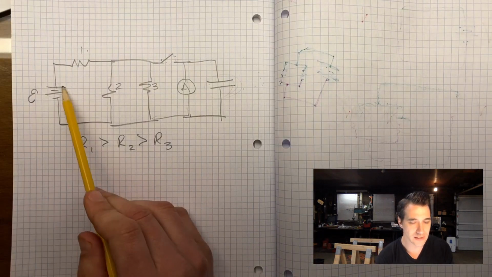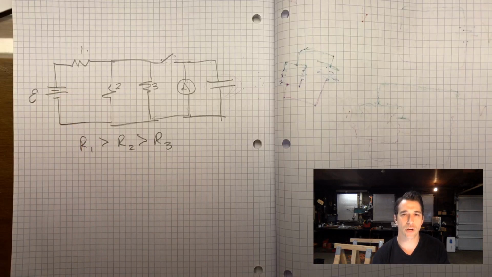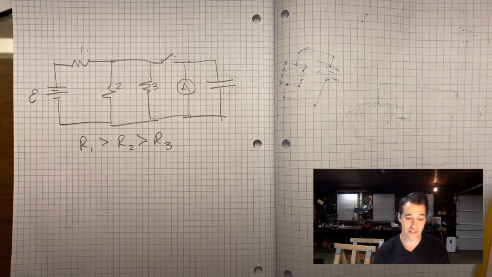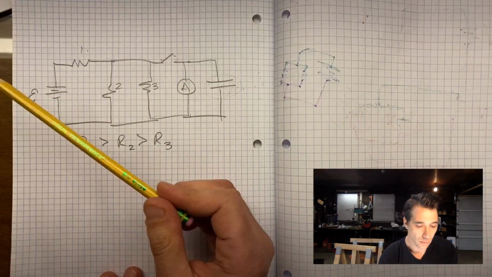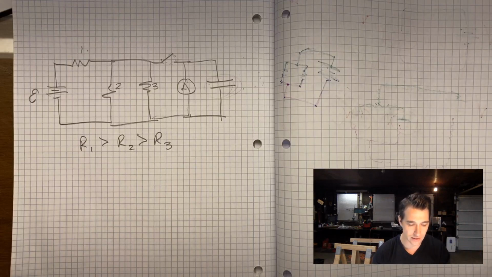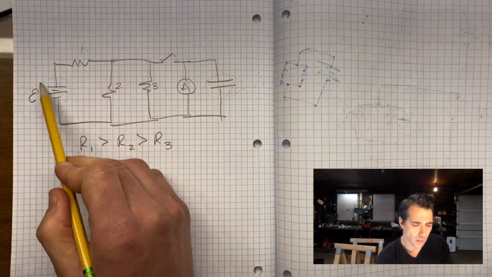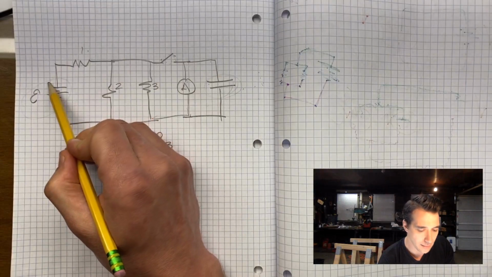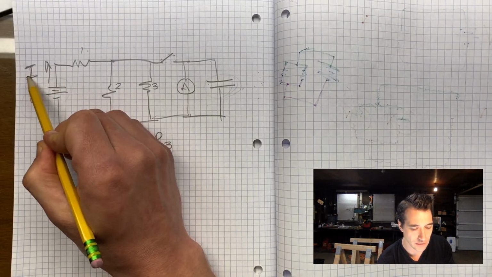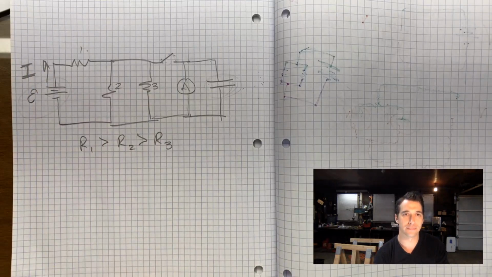When we look at this, we can think about things like junction rules, right? So don't forget about our basic circuit information. If we had a way of figuring out a total resistance, we could do an Ohm's law and figure out there's some current, I'll call it I over here. This is our total current from our battery, right?